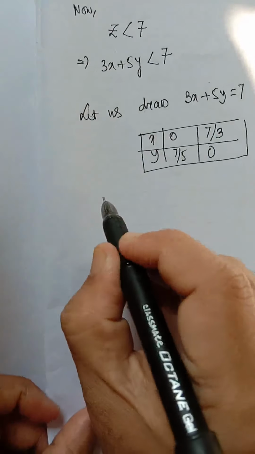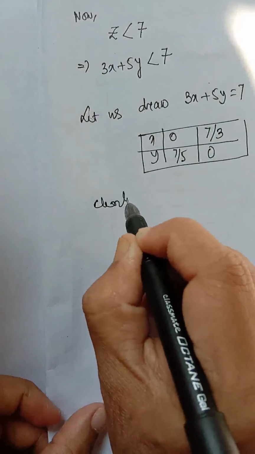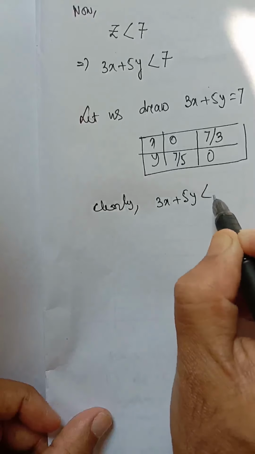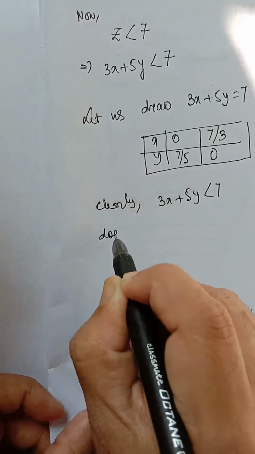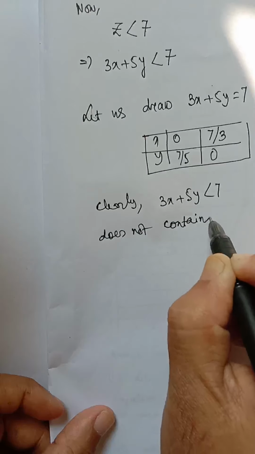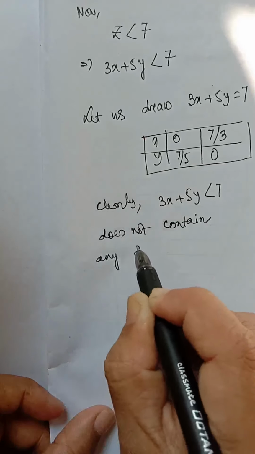Clearly, I want to write that 3x plus 5y less than 7 does not contain any feasible region.